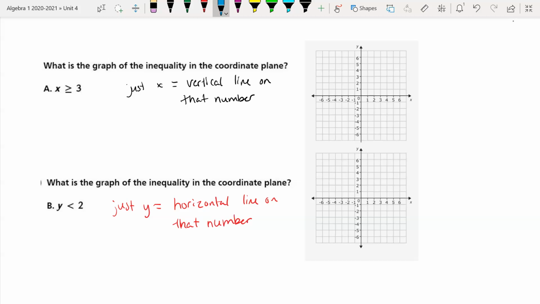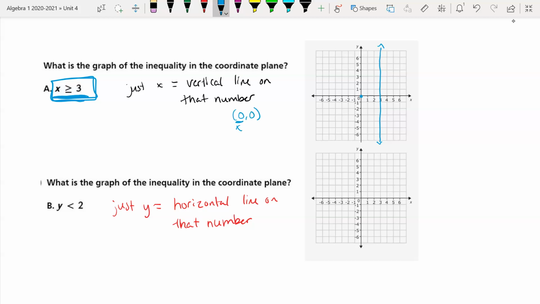So the first one, notice there is no y in this equation right here, right? I have x greater than or equal to 3. So that's going to be a vertical line on 3. I chose a solid line because greater than or equal to. Now the hardest part is probably shading. You can still use a test point, 0, 0.